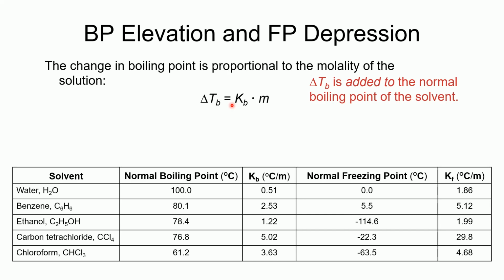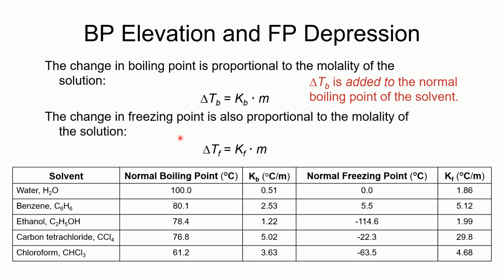All right. Now, in a similar fashion, we can calculate the freezing point depression. The freezing point depression, delta Tf, is equal to Kf times the molality. Kf is called the molal freezing point depression constant, and again, it is in degrees Celsius per molal.